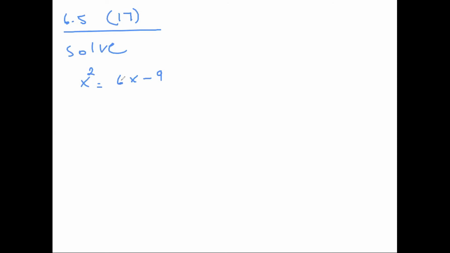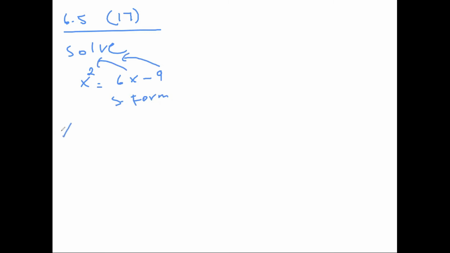Okay, what's the first thing we do again to solve this equation? Bring all the terms to one side. Standard form, right? What does that mean? We need to move everything to one side because it's a second degree equation. We're going to move both of these to the other side with the equal sign.